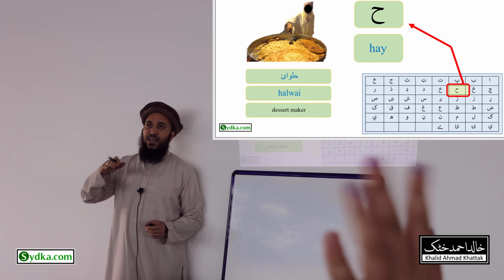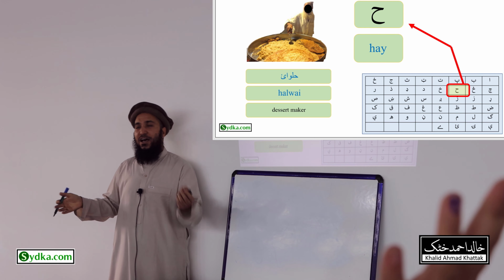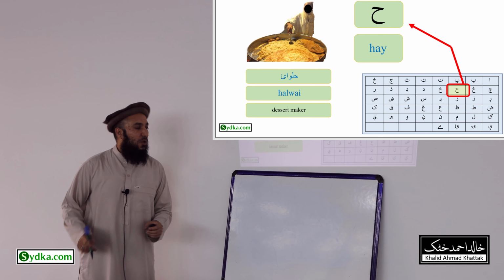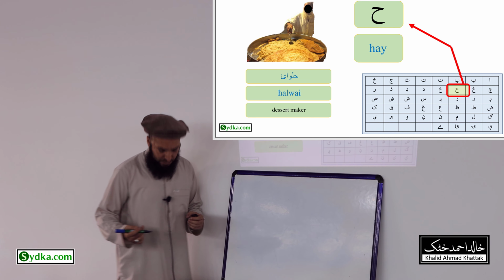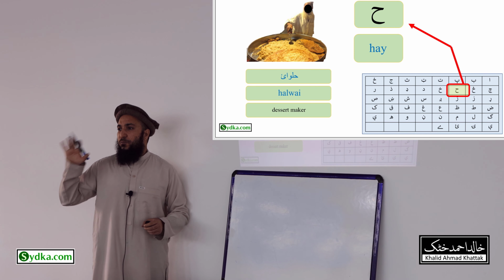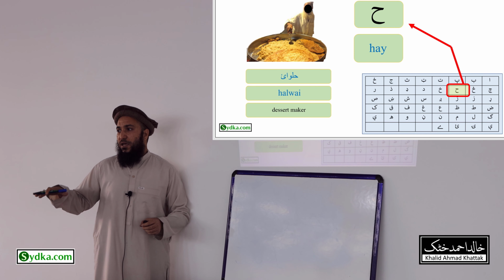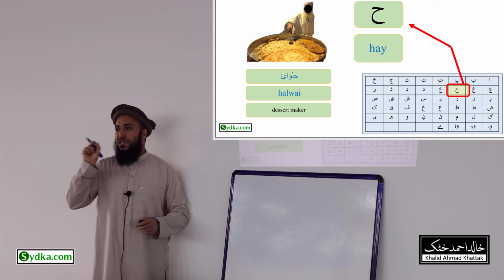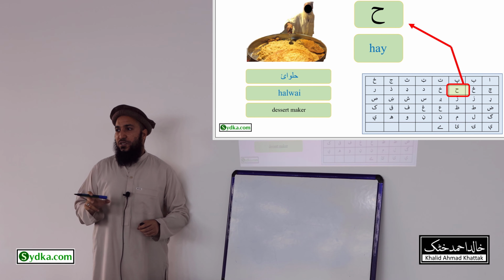It's he and ha, and ha is both he. So it's halwai. Halwai, and the same in standard. In standard it's halwai, and in local we say alwai, but it's a slight use of he, not too much.